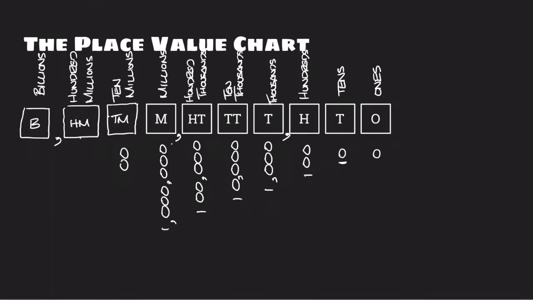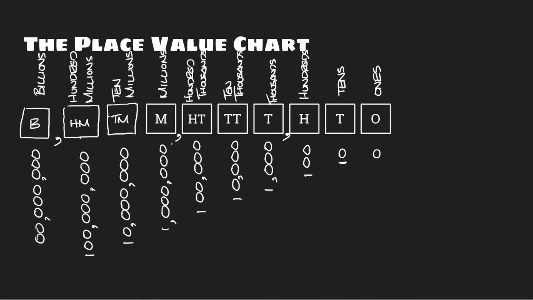My 10 million. You see this growing and growing and growing. And then billion, you have 9 zeros. Count myself. And so you see that pattern there.